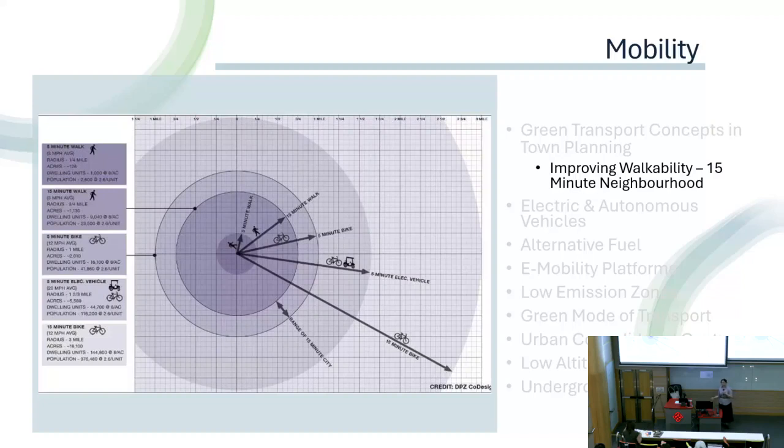You can buy food. You can go to the doctors. Of course, you can go by bike, and 15 minutes by bike would take you further as well. And then there's 15 minutes by public transport, which takes you perhaps to the next city. So we're trying to improve walkability and at least reduce the reliance on private cars.